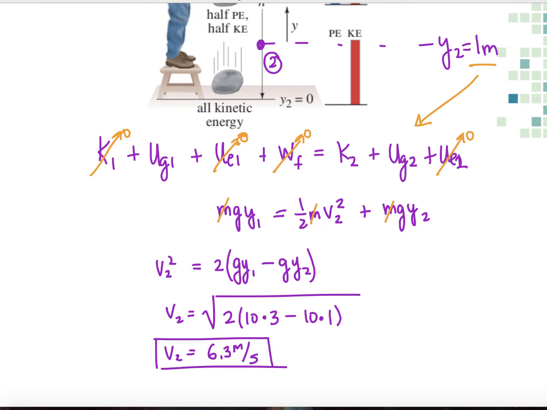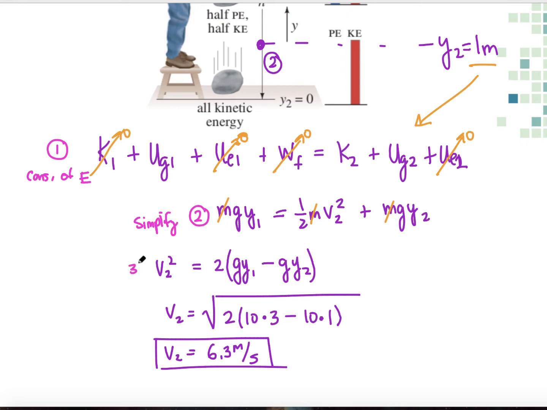So again, the problem-solving process we're outlining here is start with conservation of energy, simplify it, and get something simpler where we've substituted in the remainder of our equations. So this right here is conservation of energy. This is our simplification step.